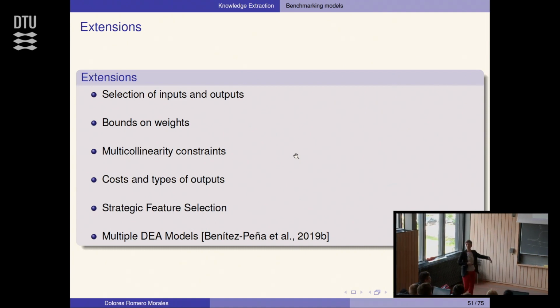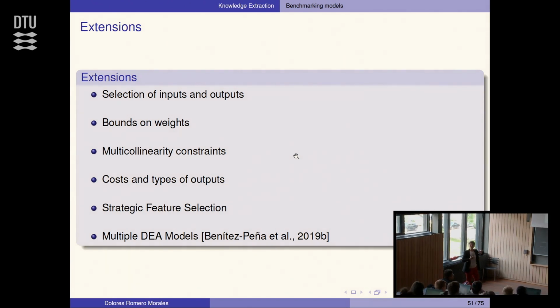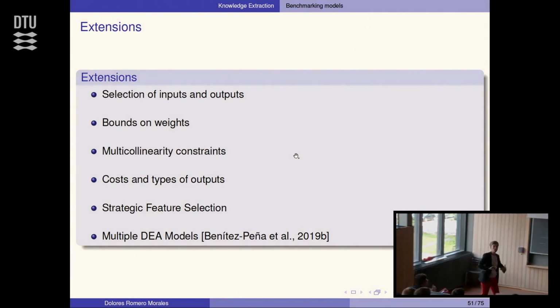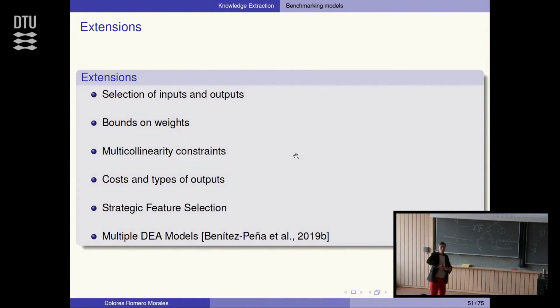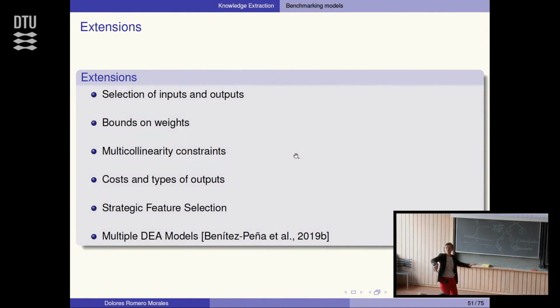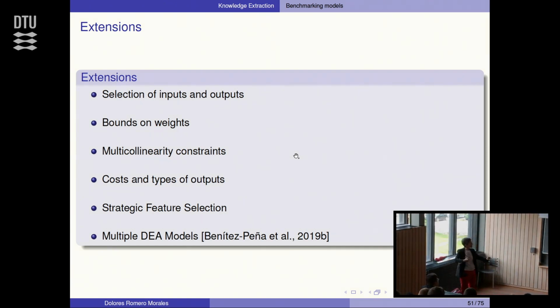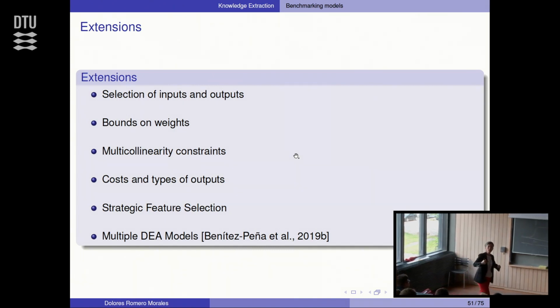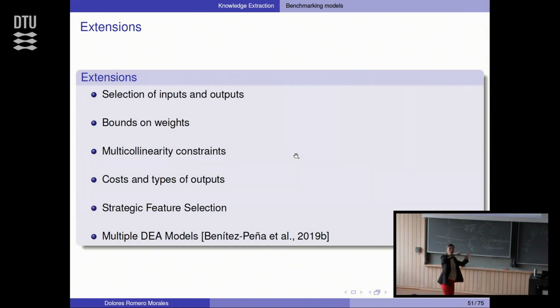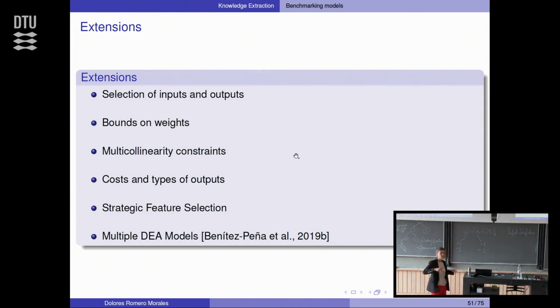So what about detecting the regions yourself? What about clustering the firms into two groups so that you can give them more flexibility with benchmarking? Now you don't benchmark to the whole group, but you benchmark to your closest group, yeah?